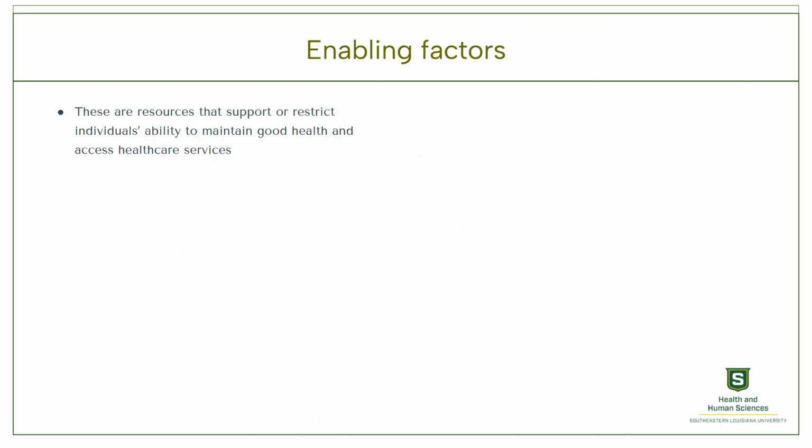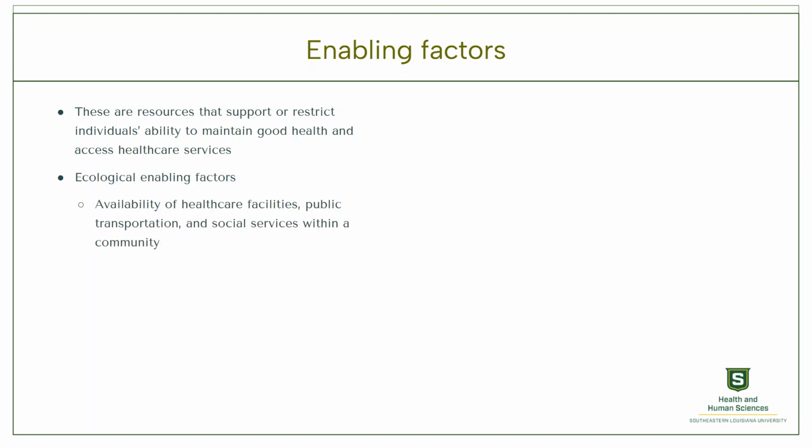Then, with the enabling factors, these are resources that support or restrict one's ability to maintain good health, or to have access to healthcare services. Having these resources makes it easy for you to have access to healthcare services and also to have good health.